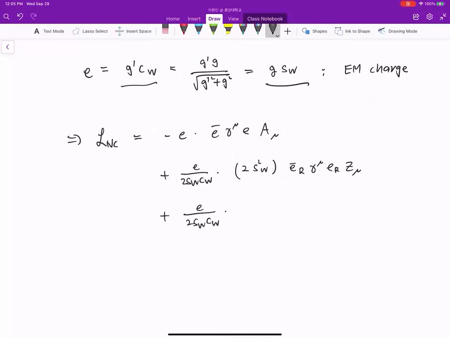I'm writing this in a more convenient notation.